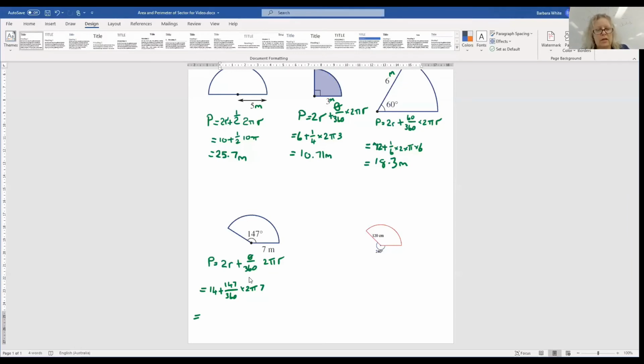And I get 31.96. And again, it's meters.